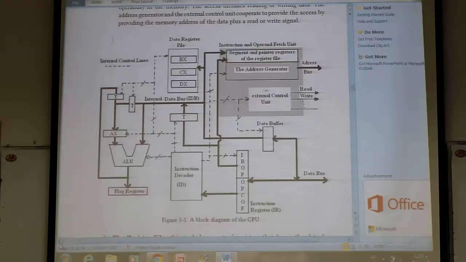We have segment and pointer registers of the register file, external control unit plus address generator. Basically this unit produces the address using the segment and pointer registers plus read and write signals.